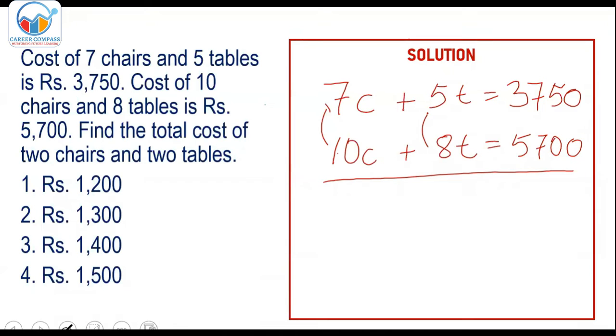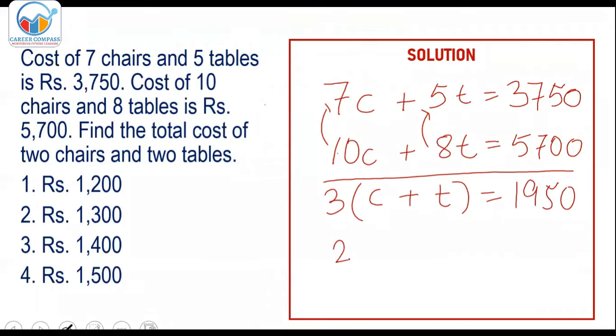If you observe, we will realize that the differences of the coefficients is same. So in that case, you can straight away subtract rather than multiplying the first equation by something and the second equation by something, etc. So if I simply subtract, I will get the 3 times of cost of a chair and a table to be 1950.